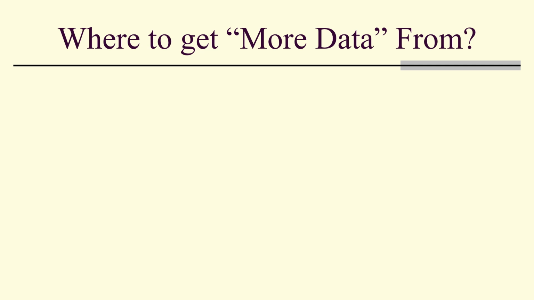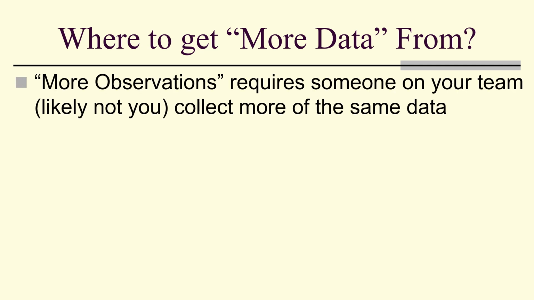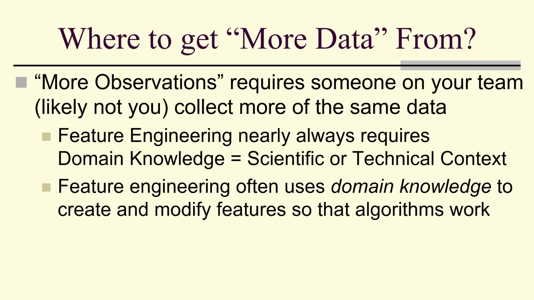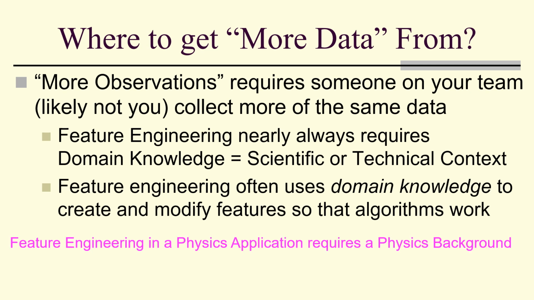So where do we get more data from? Well, more observations means somebody on your team, probably not you, is going to have to collect more data. Feature engineering nearly always requires domain knowledge, scientific or technical context. Feature engineering often uses domain knowledge to create and modify features so that algorithms work. If you're feature engineering in a physics application, somebody will need a physics background.